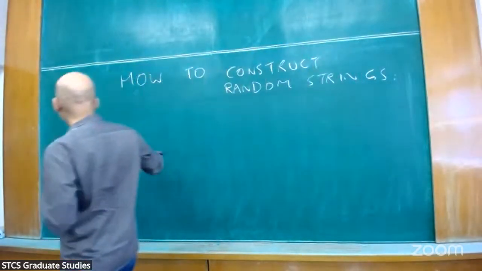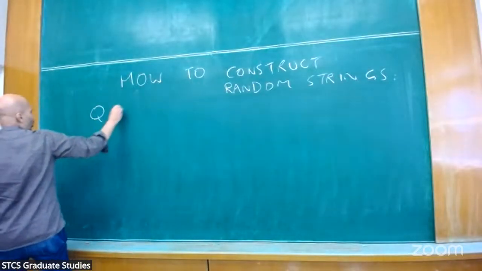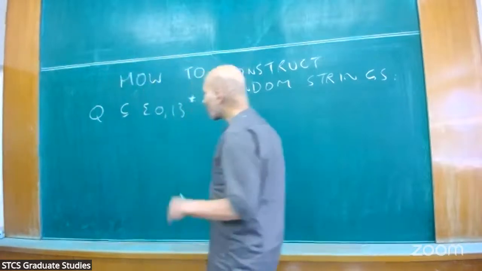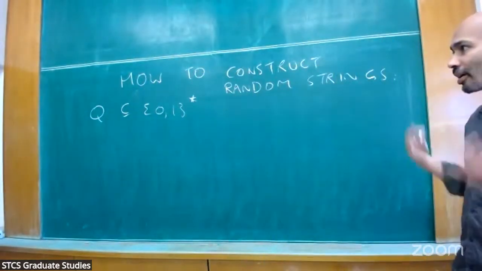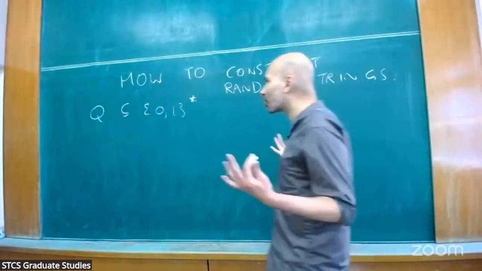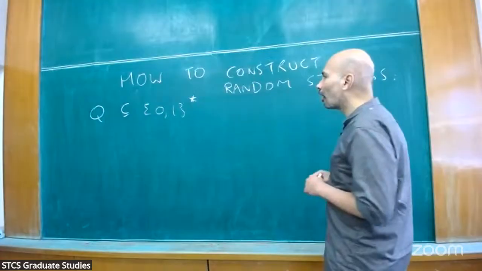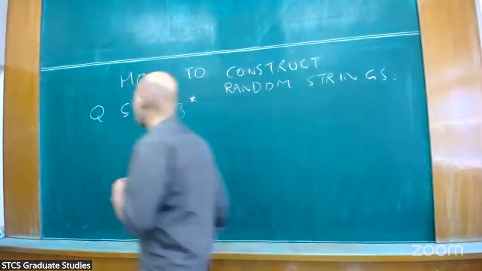So what do I mean by explicit construction? We have in mind some property Q of Boolean strings. We'll be thinking of many different kinds of objects to construct: graphs, matrices, Boolean functions, etc. But they'll all be represented as Boolean strings. And what is an explicit construction?